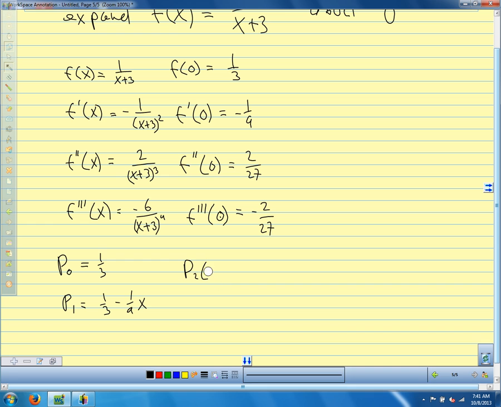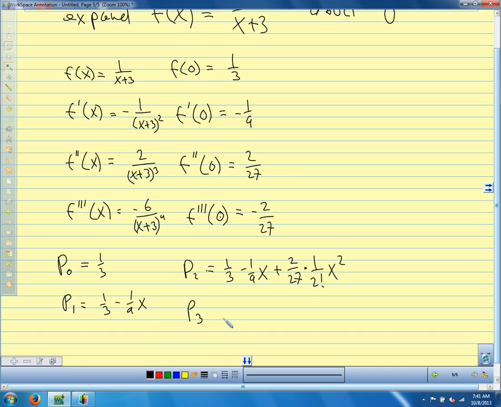My next polynomial would be 1/3 minus 1/9 x plus 2 over 27 times 1 over 2 factorial x squared.